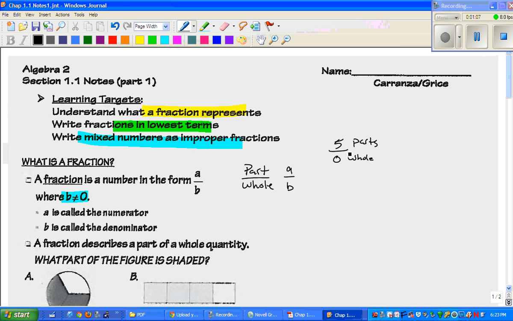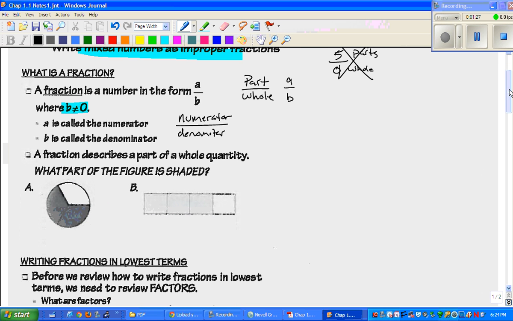Can you have 5 out of nothing? No, that cannot happen. So whenever you're talking about a fraction, the bottom, or the denominator, cannot equal 0.